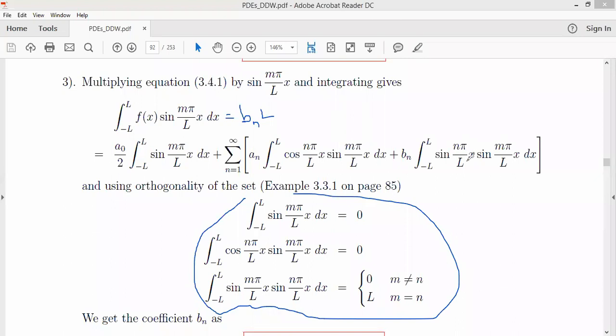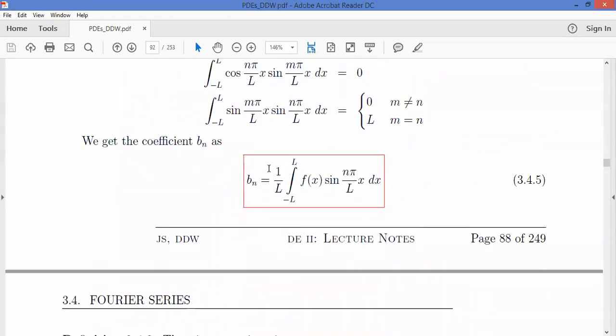Here you have sine squared, which means the whole of this integral here is going to give us L. Then remember, this is a cosine; m is not equal to n, so this whole integral here will go to 0. So once you have that, Bn will now be 1 over L times that integral, which is what we have here.